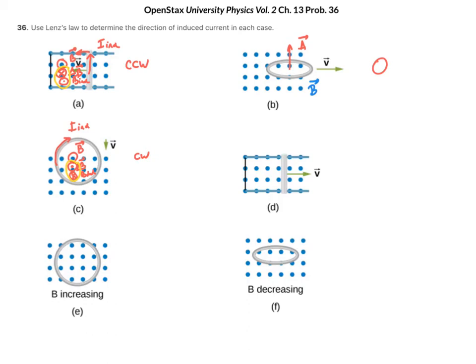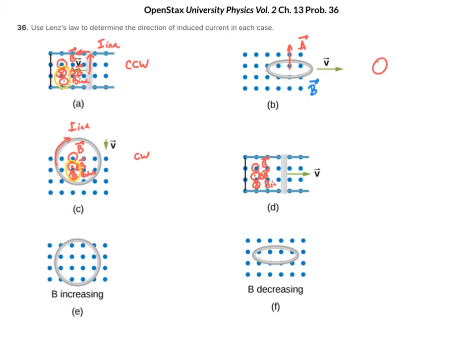In part D, we have a magnetic field out of the board. So this is B original. And as we're pulling this beam out, we're increasing the area, we're increasing the magnetic flux, which means that there are going to be more magnetic field lines going out. So that's our delta B. Now the loop will want to induce a magnetic field to oppose that change.